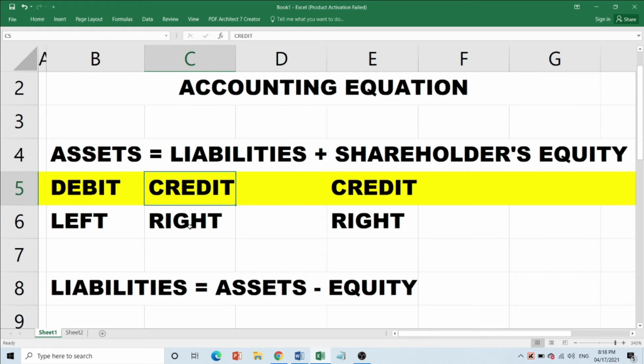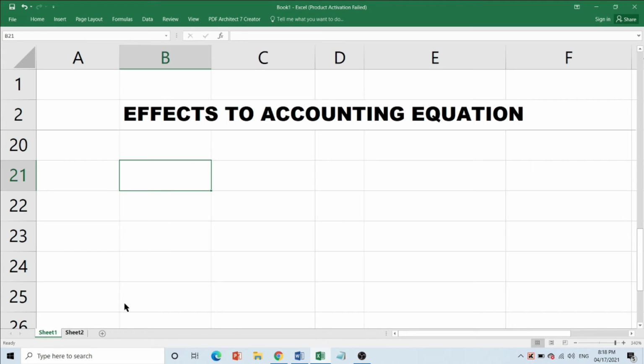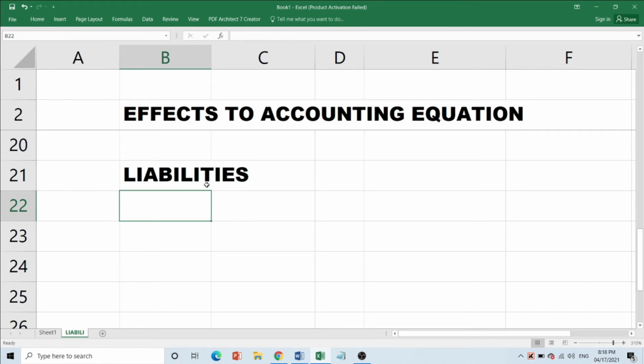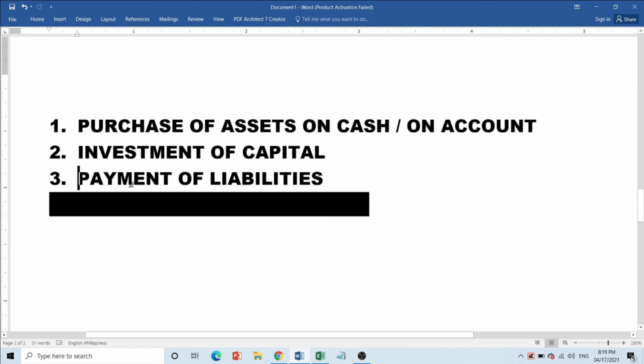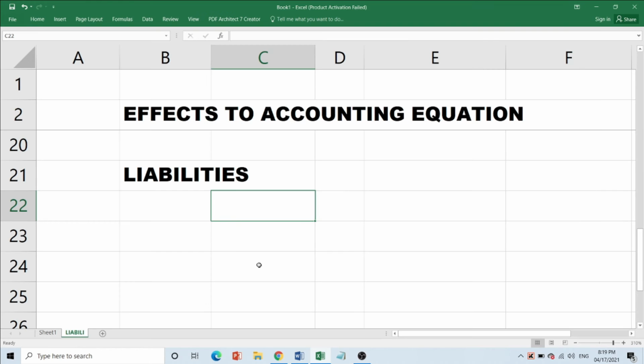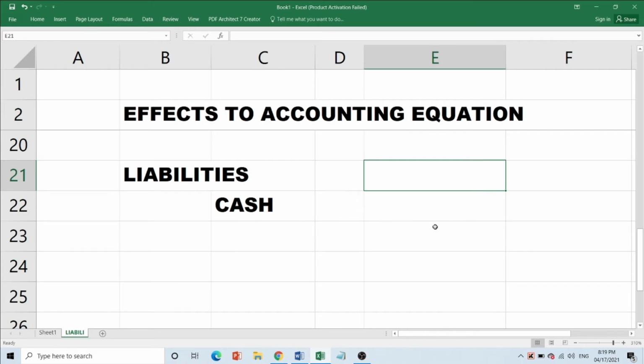Since credit ito at nasa right, para mabawasan, ilagay natin siya dito sa left or sa debit, liabilities. At since nagbayad tayo, payment, ang ibinayad natin ay cash. Normally. Let's say yung binayaran natin amounts to 50,000.